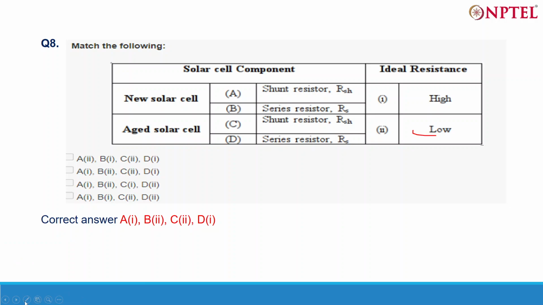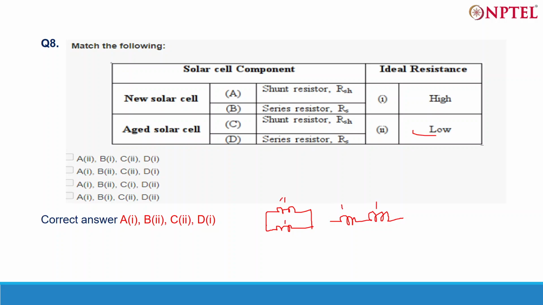I will take an example from electronics, not from solar, so you can understand it better. So let's see. This is shunt resistance. Shunt resistance is basically parallel resistance. Let's say this is 1, this is also 1.